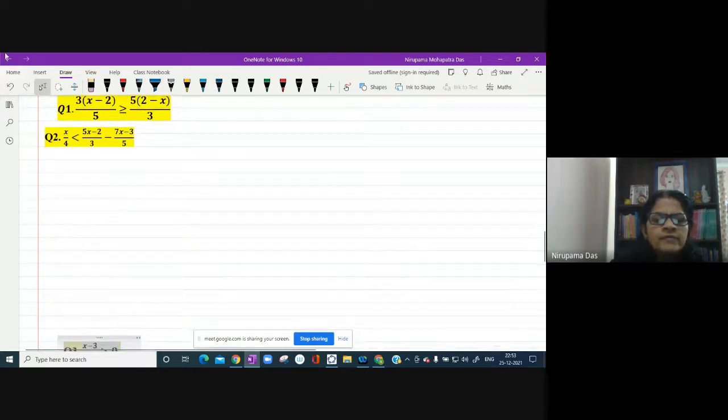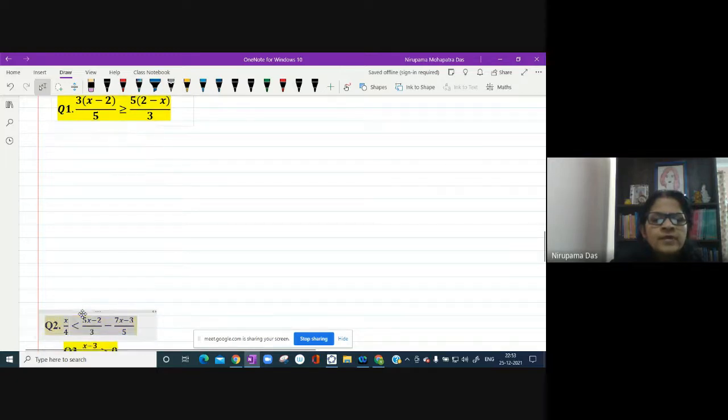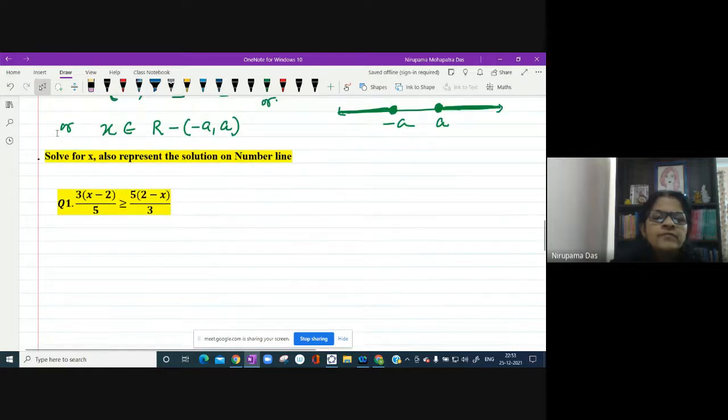Okay, starting with the first inequation. In all the questions we are taking, solve for x and also represent the solution on the number line. If in a question you are given to solve and represent on the number line, you will do it, otherwise not.